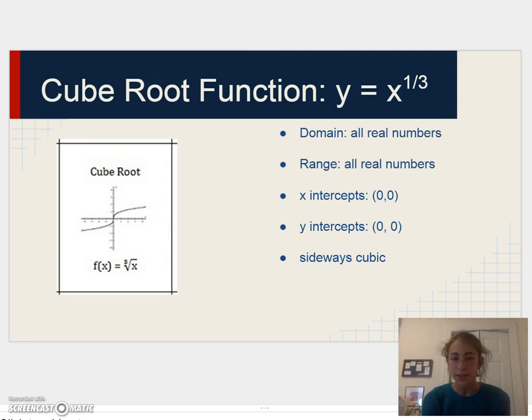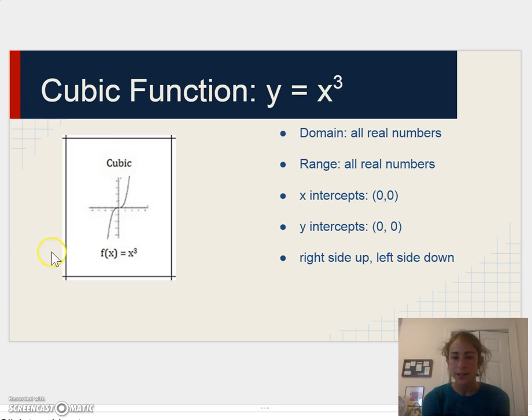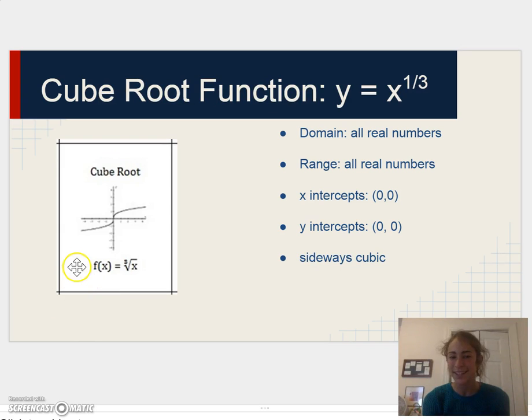So if you look at the cube function, we have disco arms. If you look at the cube root function, you have sort of sideways disco arms. When we talk about inverse functions, we'll see exactly why the graphs do this, that they're so related. Again, the power is to the 1/3.